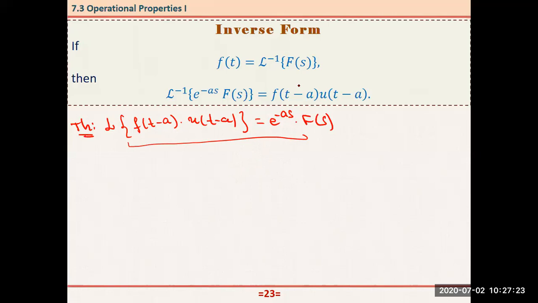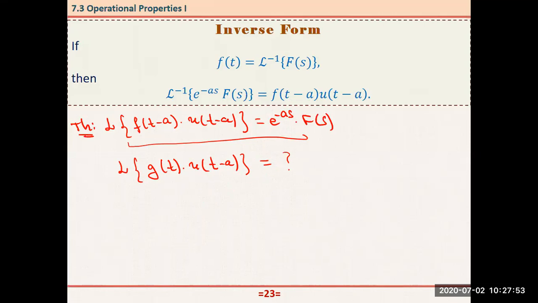Instead of t minus a here, how about if we have something like g of t times u of t minus a? How do we evaluate this Laplace transform? Of course, directly we can, by using the definition, evaluate this. Since we are going to encounter such problems frequently, it is worth getting a formula for this so that we can use it frequently.